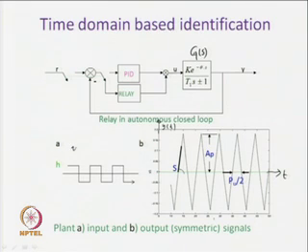So, the input to the system is now u(t) versus t, and we assume the relay amplitudes to have magnitudes of plus h and minus h.